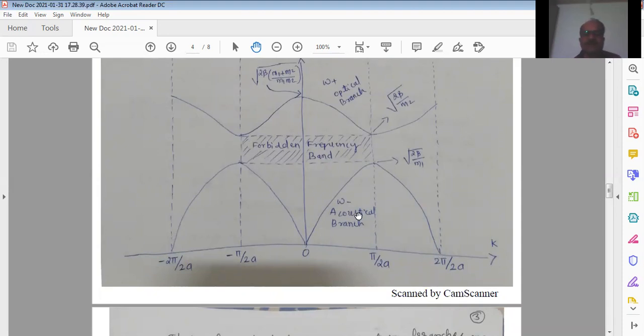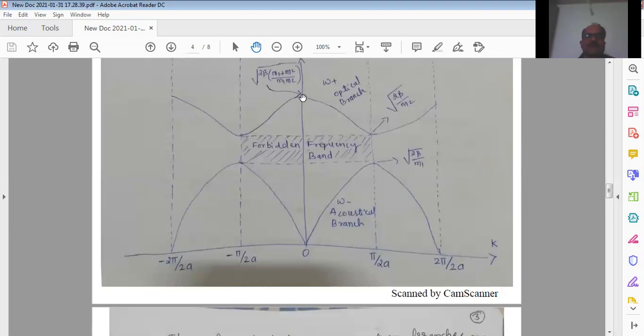The lower curve is referred to as the acoustical branch, and the upper is referred to as the optical branch. It is called the acoustical branch because the vibrations present in it are just like sound waves. The vibrations present in the upper band are excited by light energy or a light source, so they are called the optical branch.